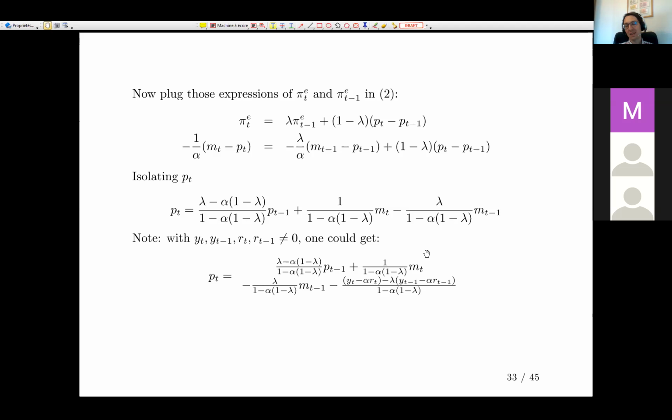Why that is weird is that if this 1 minus alpha, 1 minus lambda is negative, then this too is negative. So it means that the increase in money supply today decreases prices, which is sort of the opposite of what I've been telling you all along.